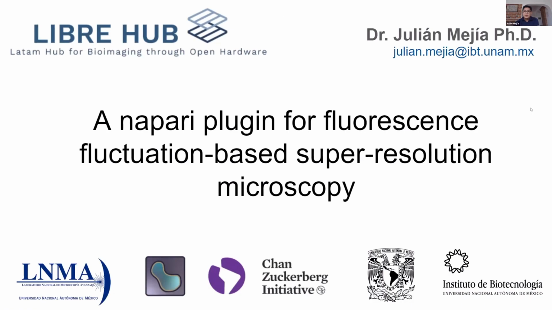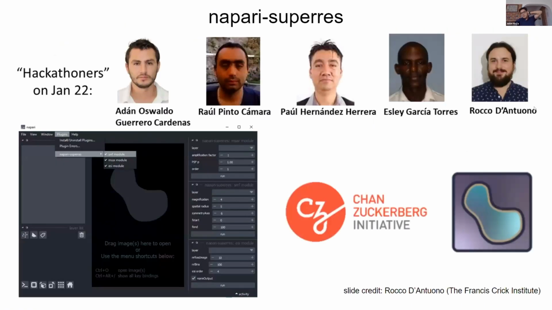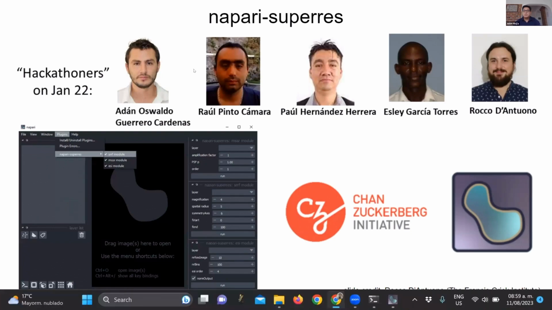Okay. So let me start with the story. The plugin started as a hackathon. Adan is our PI, and Slay was developing this theory, which is called MESR, as part of his PhD.